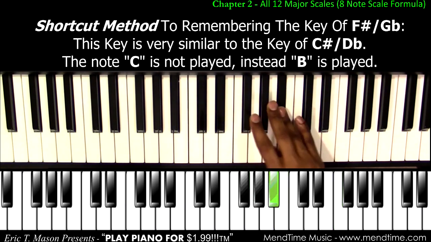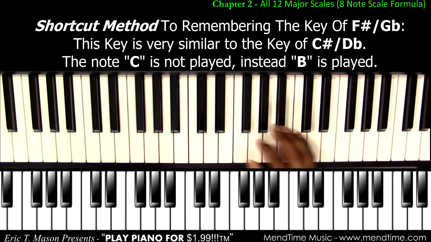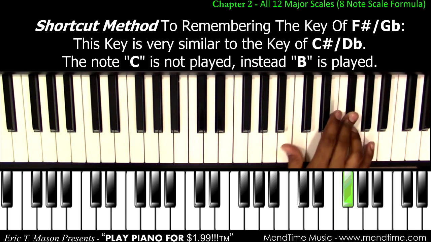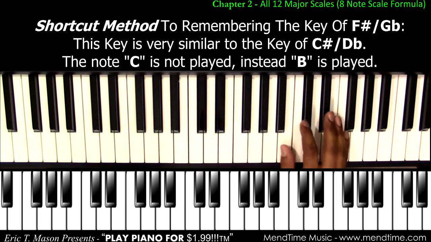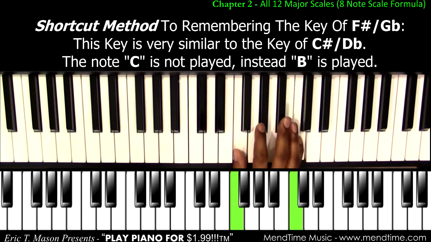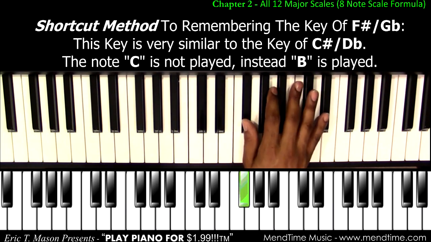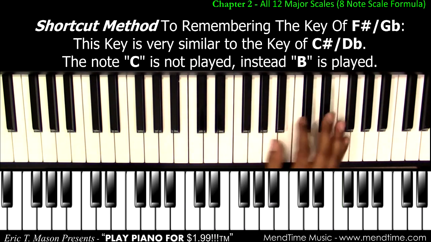So you're getting the hang of how to identify your scales by using the whole, whole, half, whole, whole, whole, half pattern, and how to say, okay, well, C sharp, D flat only has two white notes, and then F sharp, G flat only has two white notes too, which are B and F.